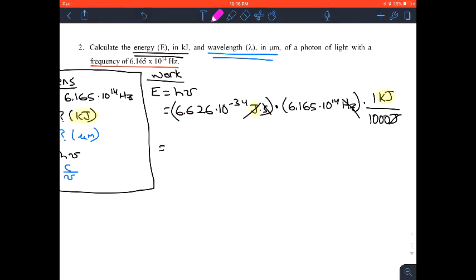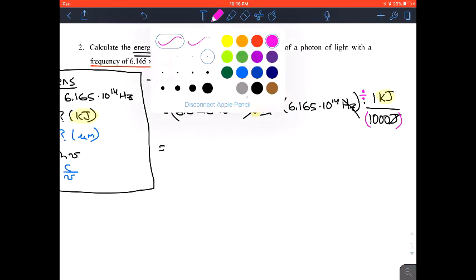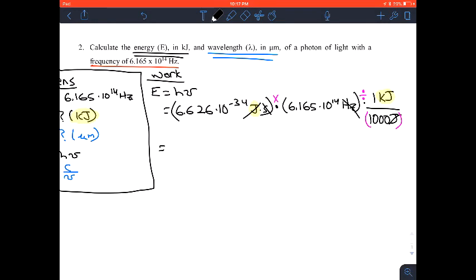Also, I should say that we need to multiply here. We need to divide here. Okay, so we have 6.626 times 10 to the negative 34th multiplied by 6.165 times 10 to the 14th. And then we're going to divide that entire quantity by 1,000.